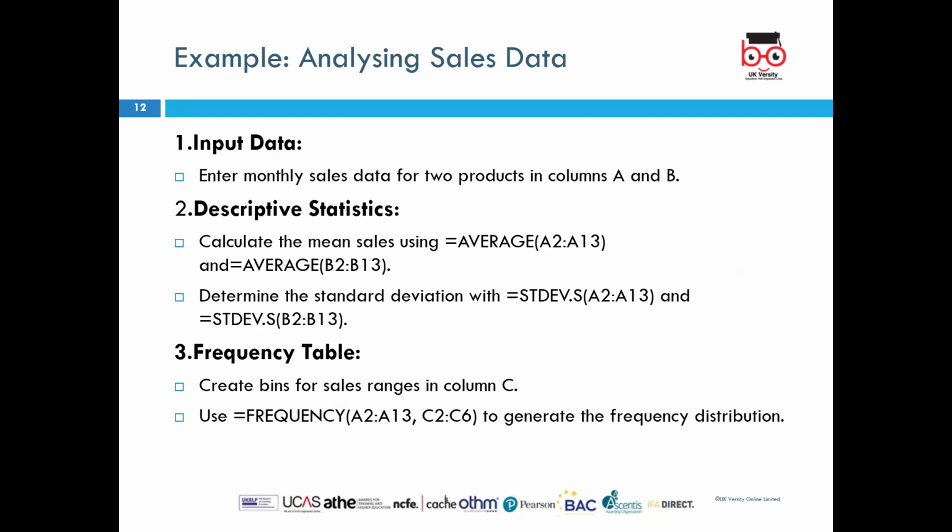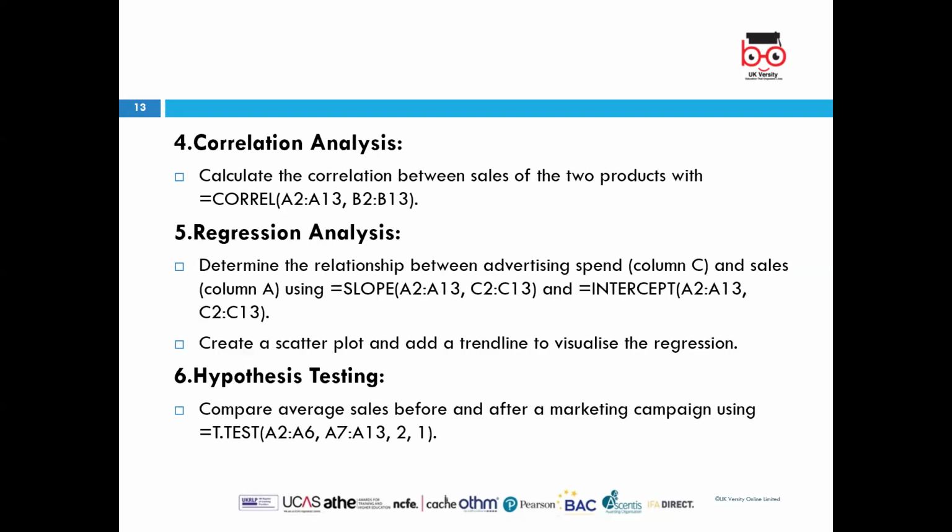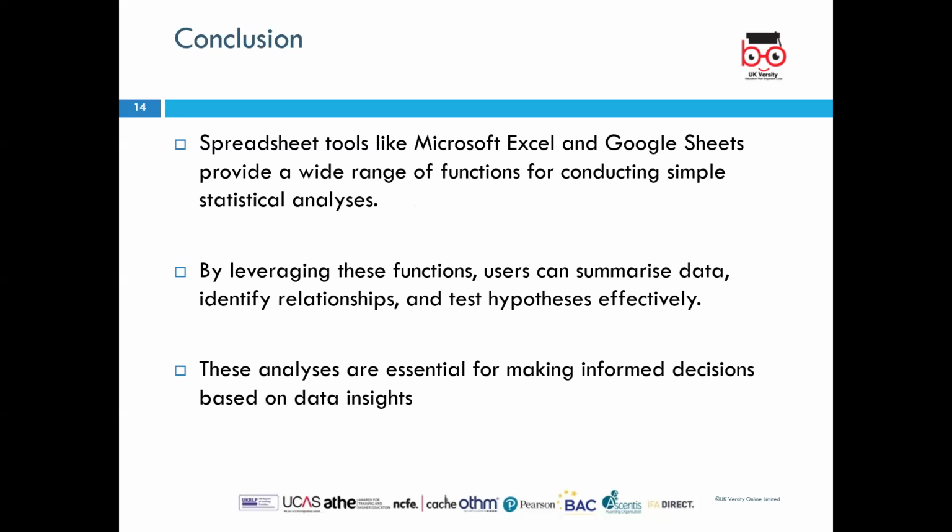Also, we look into a frequency table, correlation analysis, and regression analysis to determine the relationship between ad spend and sales, and hypothesis testing, where we compare average sales before and after a marketing campaign. So as you can see, spreadsheet tools like Excel and Google Sheets provide a wide range of functions for conducting simple statistical analysis.